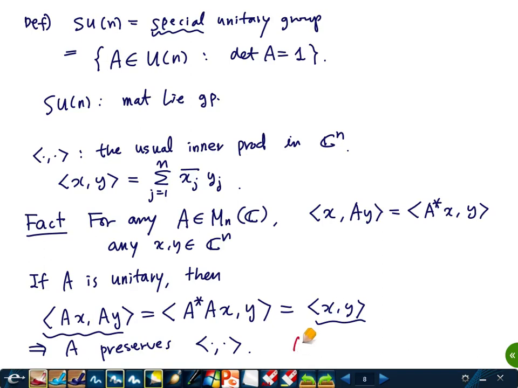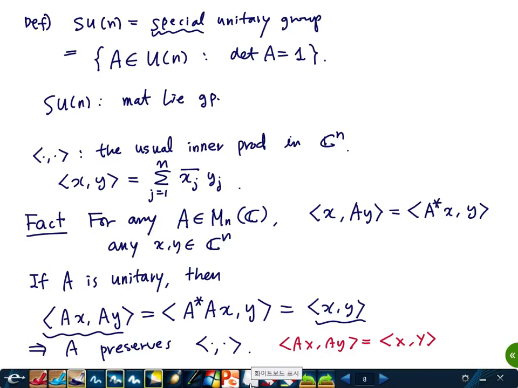If we have this condition for all x, y, then we say that the matrix A, or linear transformation A, preserves the inner product. So if A is unitary, it preserves the standard inner product, and it is in fact an if and only if condition. If a matrix satisfies this for every x and y, it is indeed unitary.